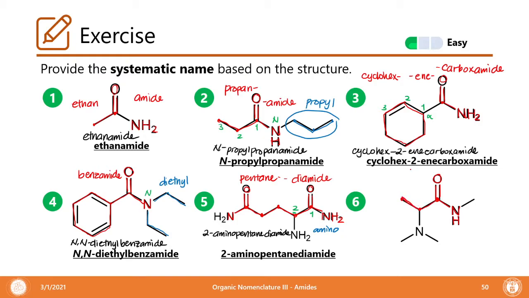So we have a propanamide. Our substituents, we have here a methyl group at the end position, and we have here a complex substituent with 2 methyl groups connected to a nitrogen atom. So we have an amino group, and we have 2 methyl groups, so it's dimethylamino, enclosed in parentheses.